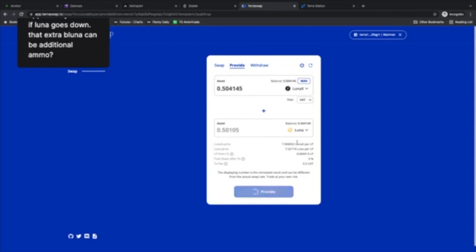And so once I provide this, I'm going to sign my contract. What it's doing is it's buying the LP token that will sit in my wallet.